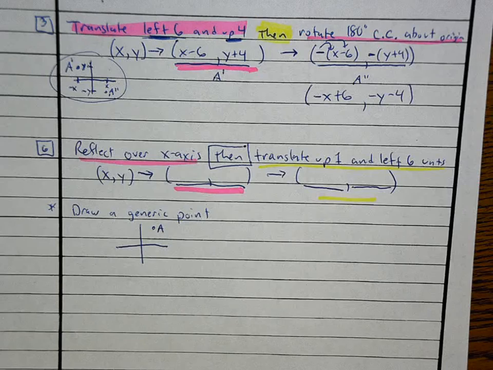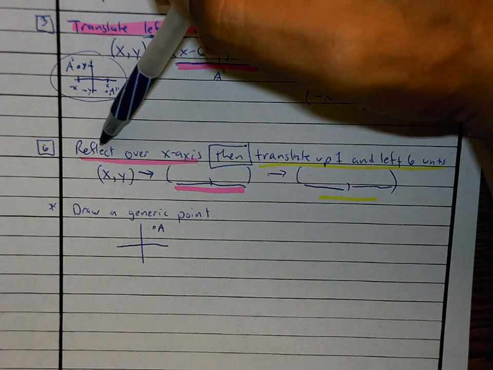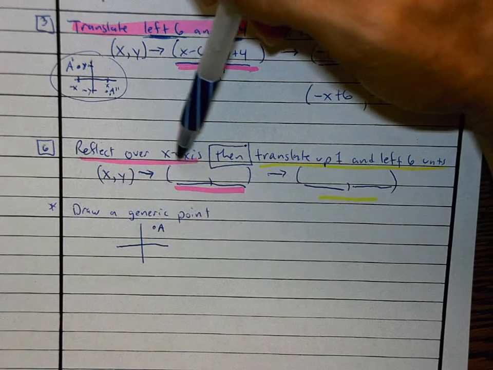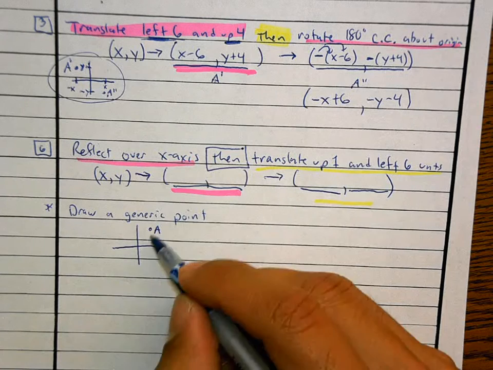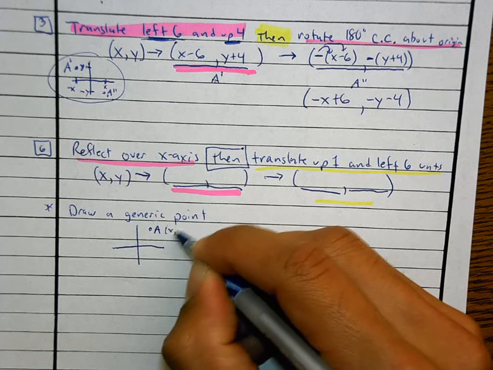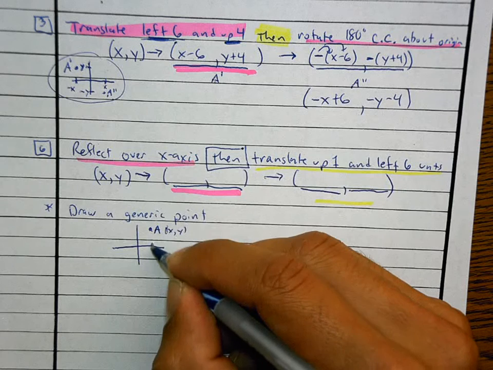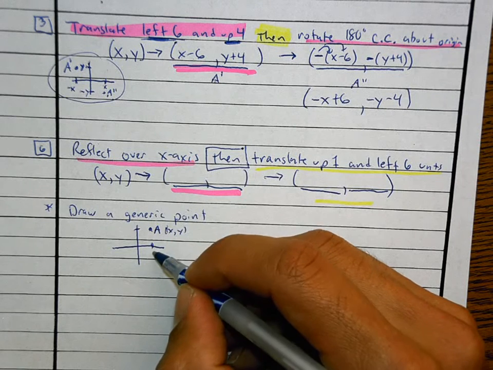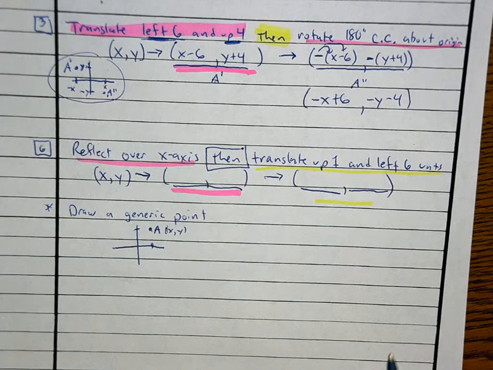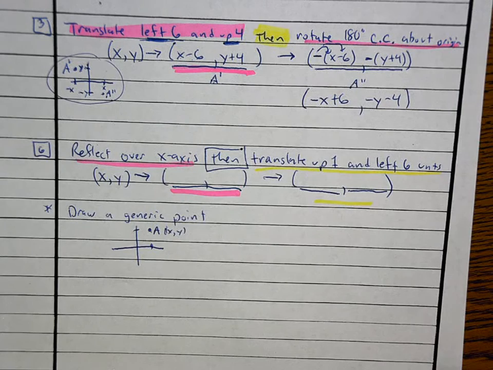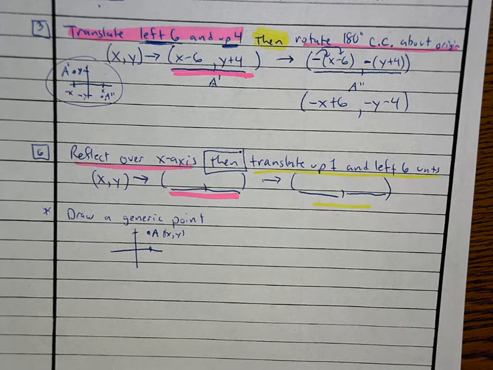Bang. I need to reflect it over the x-axis. So when I think of this A, it's some x and some y. Okay, I'm just going to put an xy next to it. It's like over here. Pretend it's a number. Pretend it's like 2, 3 or something. And I need to reflect it over the x-axis. Do you know which one the x-axis is?